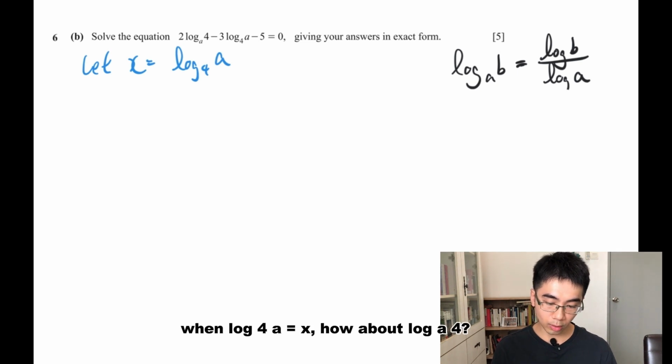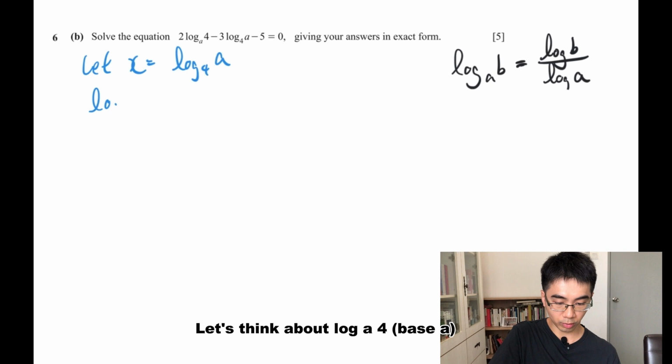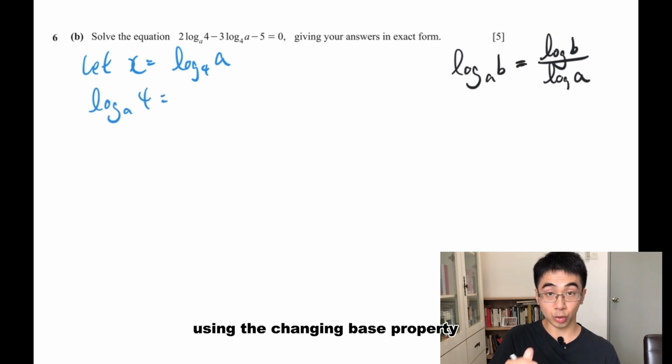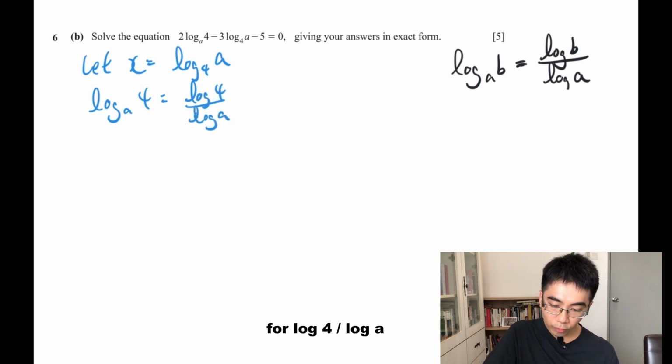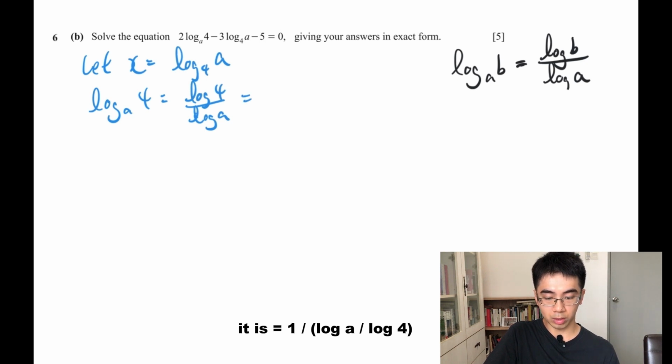So log 4a is equal to x. So how about log a4? Let's think about log a4 using the changing base property. Log a4 is actually equal to log 4 over log a, right? So log 4 over log a, we can think of it as just equal to 1 divided by log a over log 4.